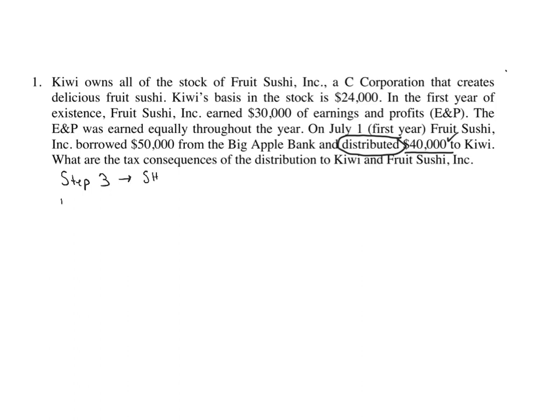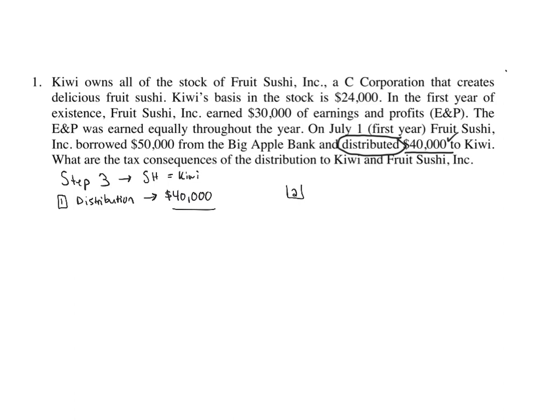Remember, we have 4 sub-steps. Sub-step 1 is determine the amount of the distribution. The formula is the amount of cash received plus the fair market value of the non-cash property received minus any liabilities assumed. Well, all we have here is Kiwi, a shareholder, who has $40,000 of cash. So the distribution is $40,000.